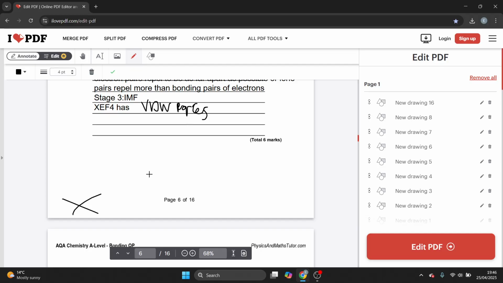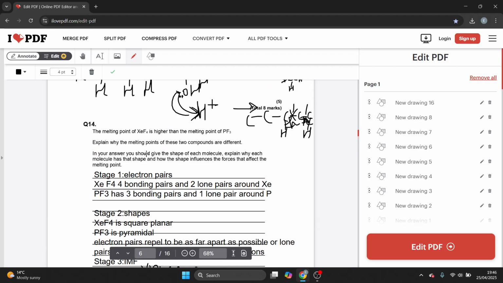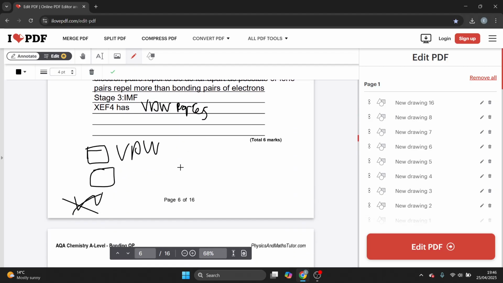What about PF3? Van der Waals. I know it's not going to have van der Waals now because we're comparing them in terms of boiling point, but I guess it could, I'm not sure. And then talk about bigger molecule, whatever. But we can't assume that it's not going to have it. Hydrogen bonds and then dipole forces.